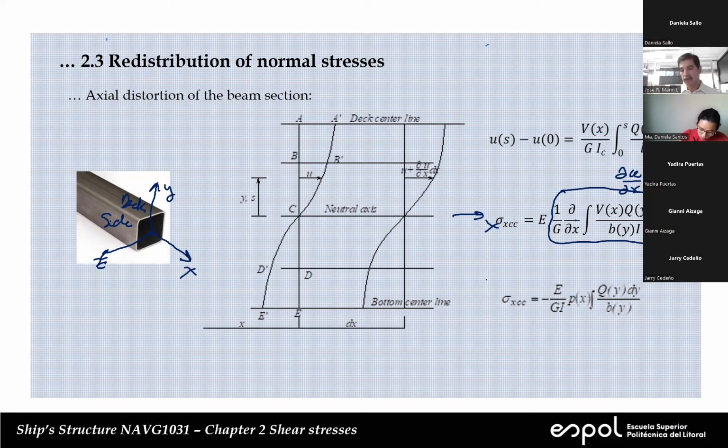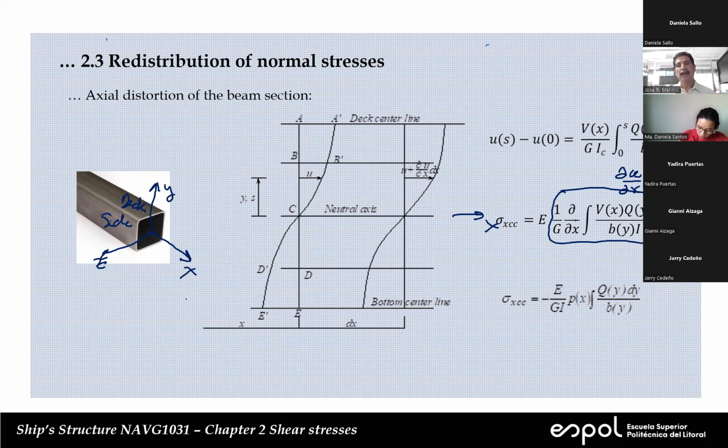Remember that when we developed the formula for the normal stress in pure bending, we said it's equal to minus the moment times y and divided by, anybody remembers?